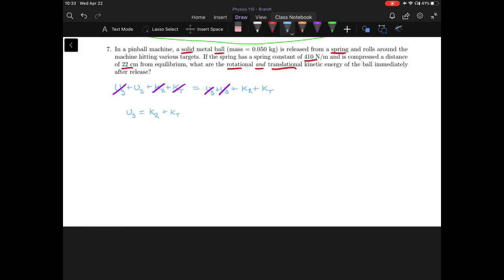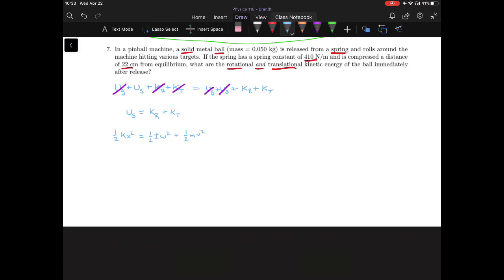Now, we're going to have to break this down a little bit further, and if we remember, our potential for the spring is 1/2 kx squared. Our rotational kinetic is 1/2 I omega squared, and then our translational kinetic is 1/2 mv squared.